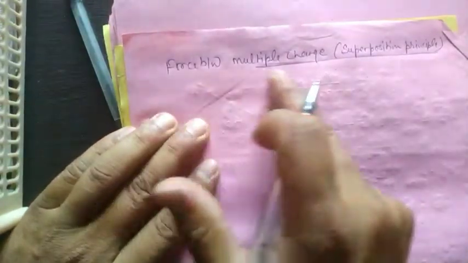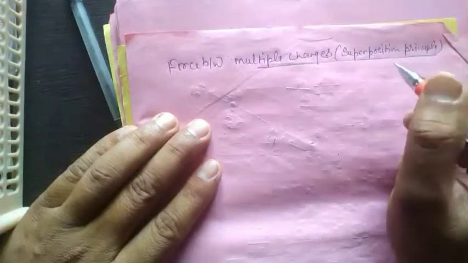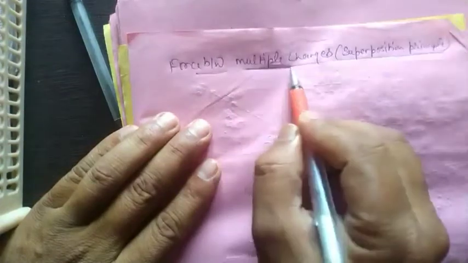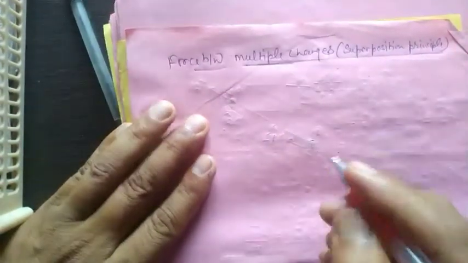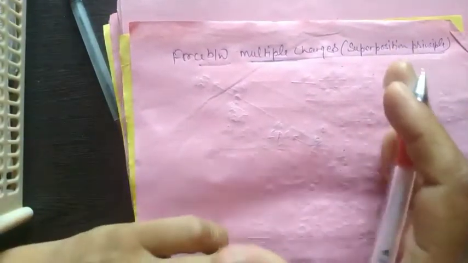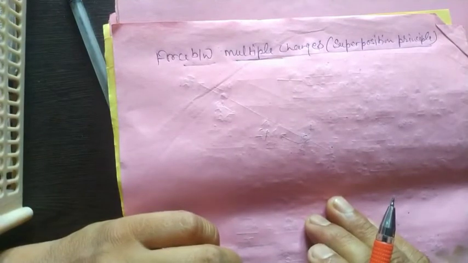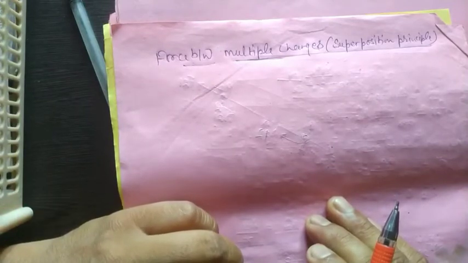As the heading makes clear, suppose we have a system with multiple charges, slightly separated by a small distance r. Then the force between these different charges will be different.